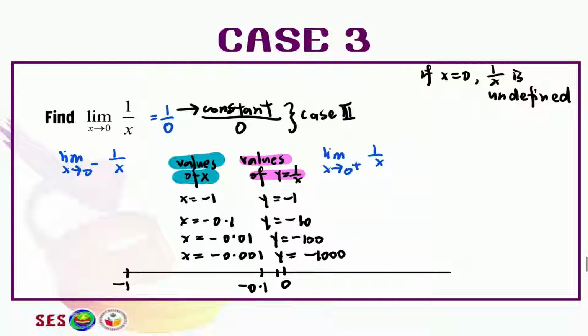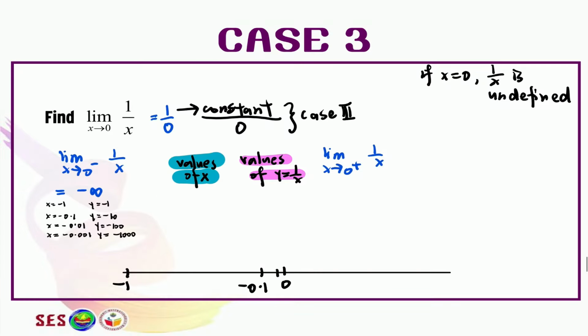We can see that the closer we get to 0 from the left, the value of y gets bigger and bigger in the negative direction. So our answer for limit when x is approaching 0 from the left for the function 1 over x is negative infinity.